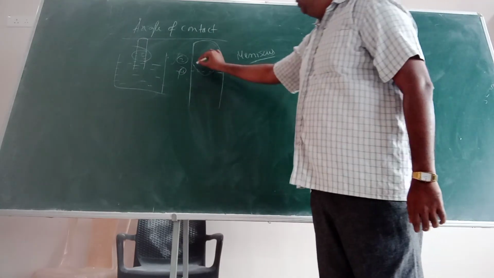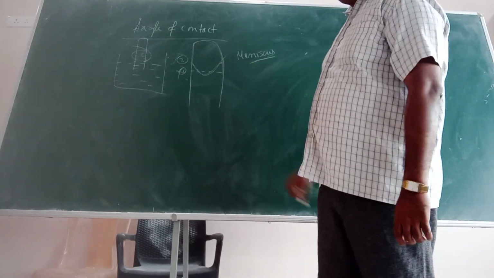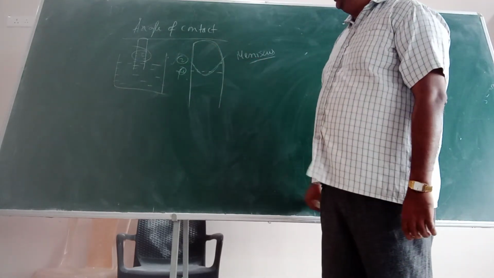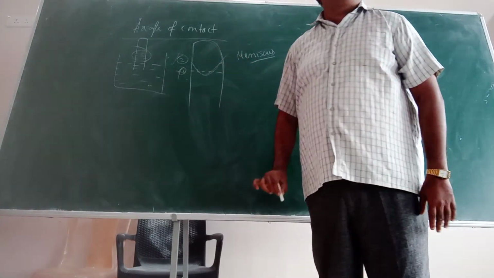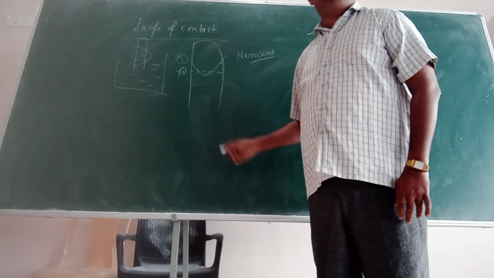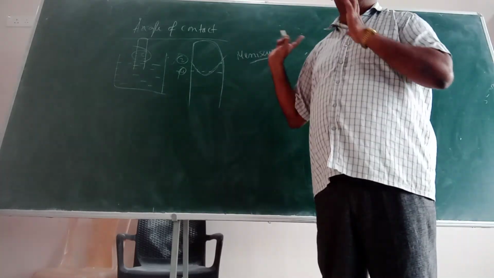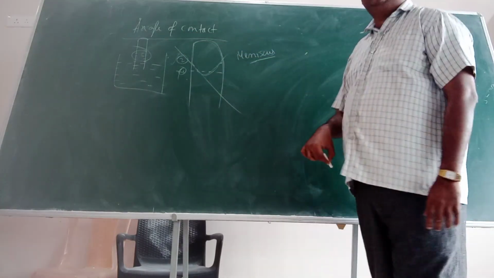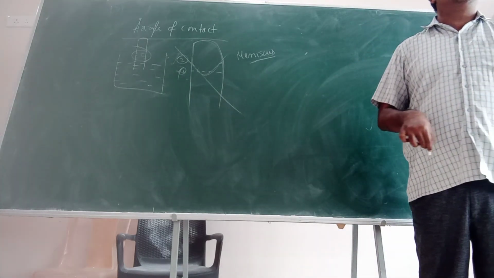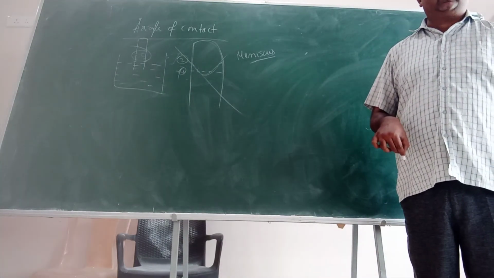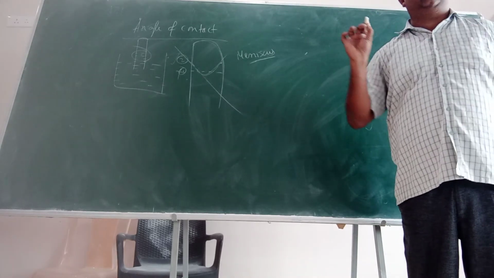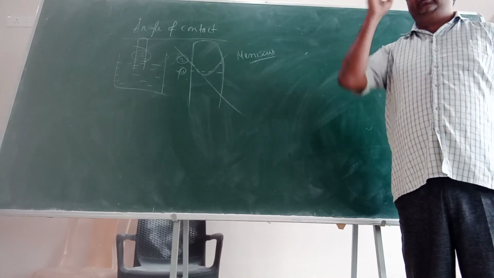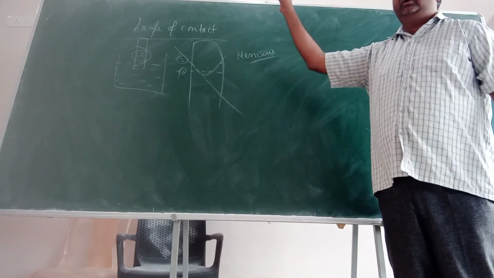So here there is a curvature. This liquid surface is making some angle with the glass surface. Definitely. So how do I find that? Draw a tangent there. Whenever a curvature comes, just draw a tangent. Whenever a curvature comes, first put it in your mind: I have to draw a tangent.